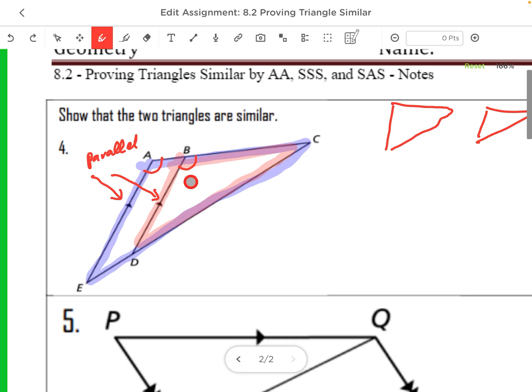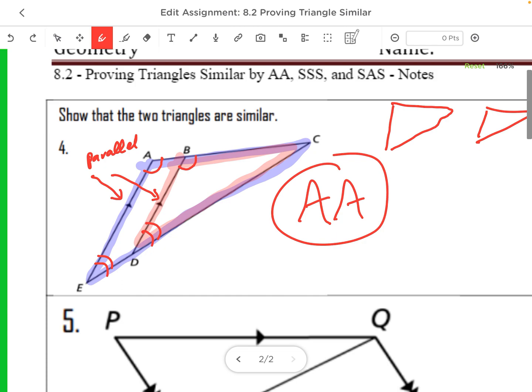This one has to be equal to that. What else do we know? We know that this angle has to be equal to that angle, right? Because if these are parallel lines cut by that transversal, these angles are the same. So if this angle is the same and this is the same, we have AA, right? So that's how we prove that one. That's by AA.